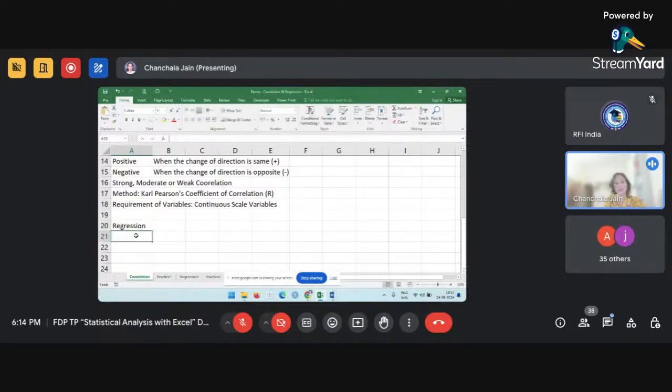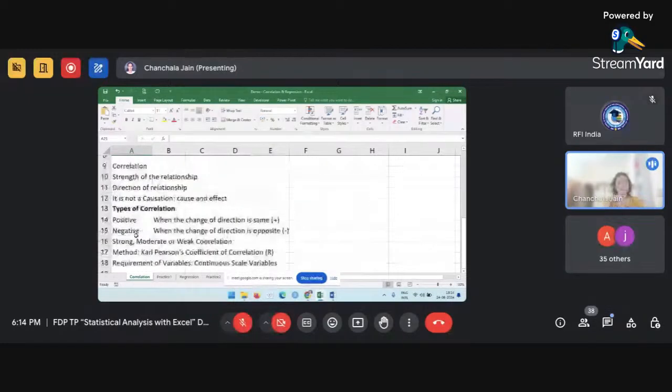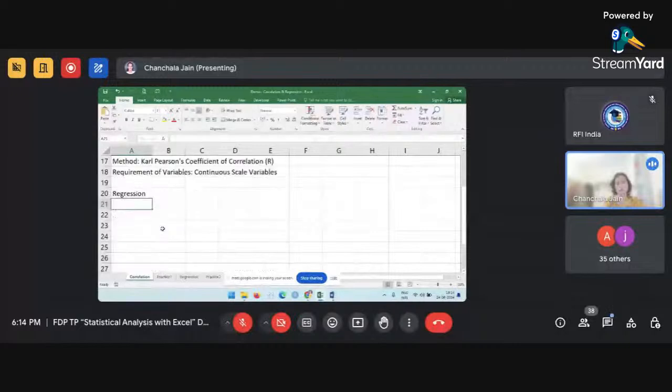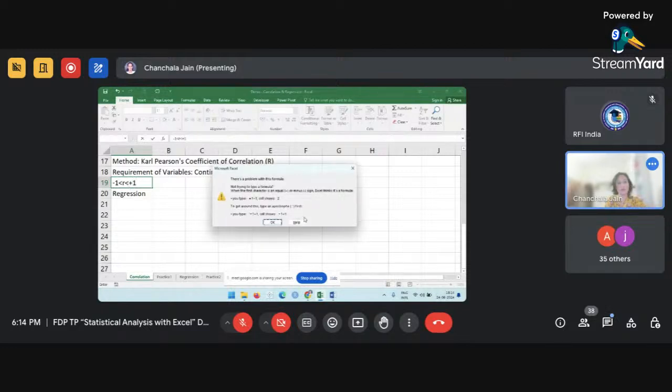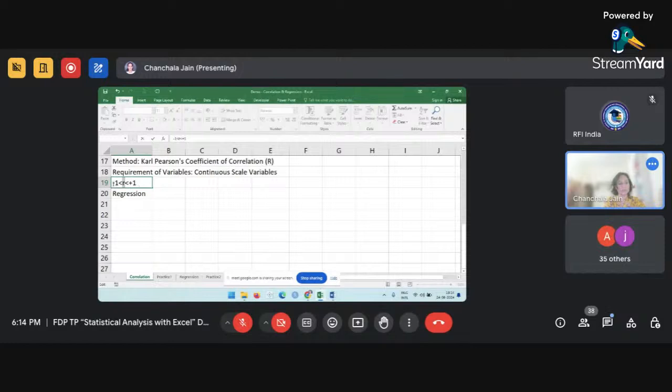Regression is also telling you the relationship between variables, but correlation is giving us the value in terms of, one more thing I forgot to tell you, the range of r. Maybe you all know it is -1 to +1.